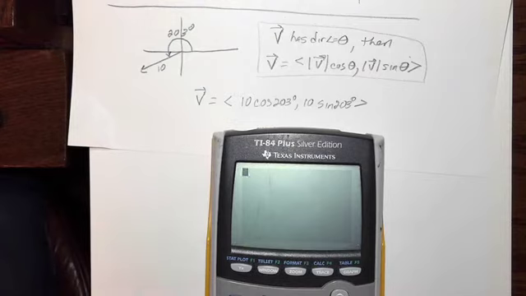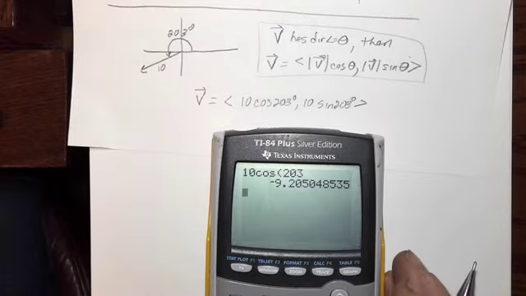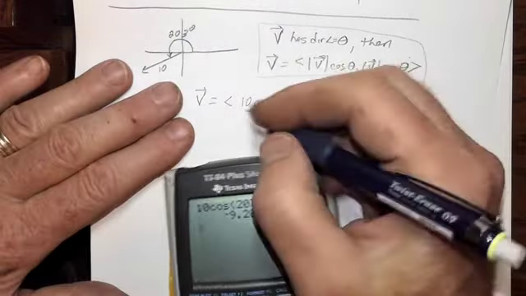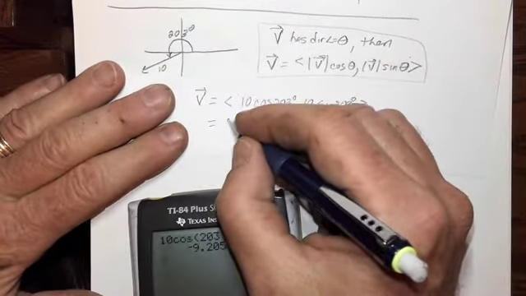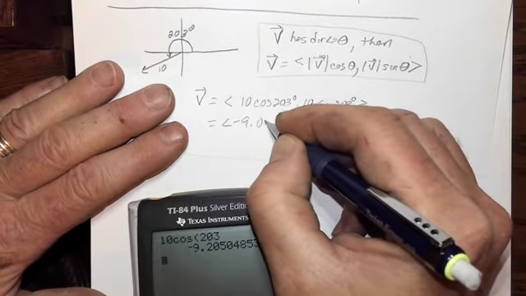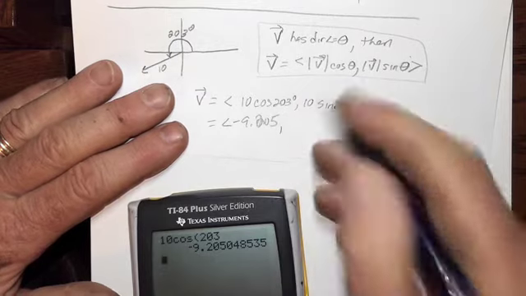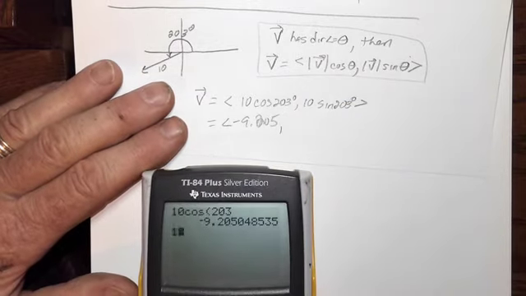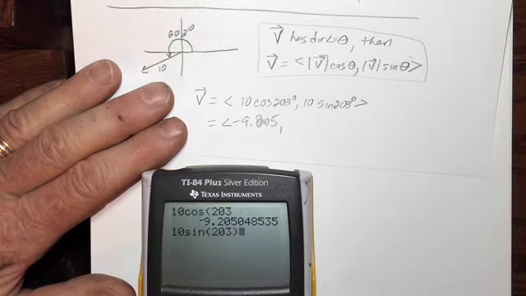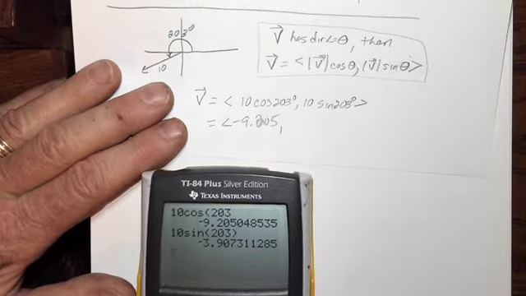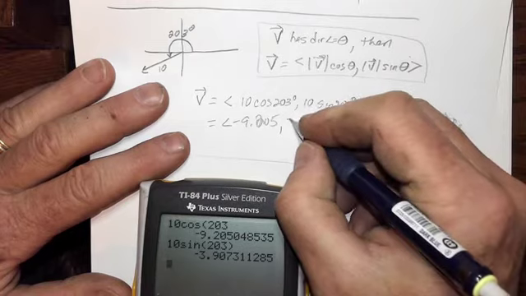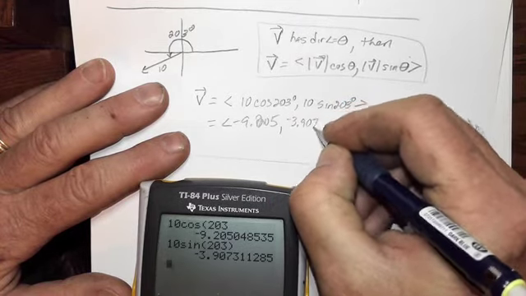I'm going to go 10 cosine of 203, and that's negative 9.205. And then I do 10 sine of 203, and I get negative 3.907.